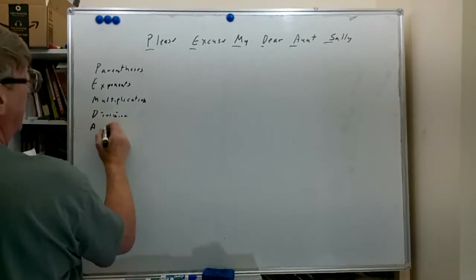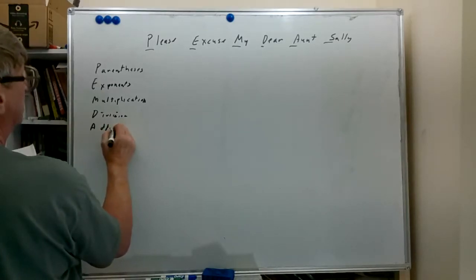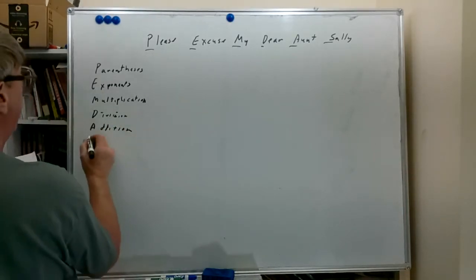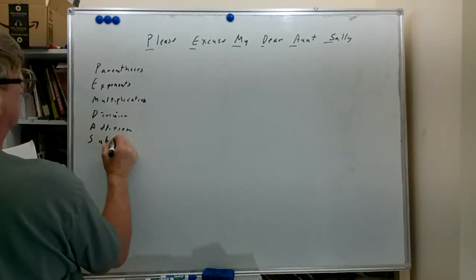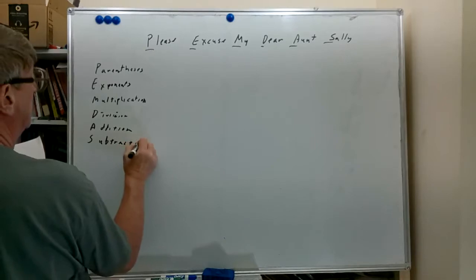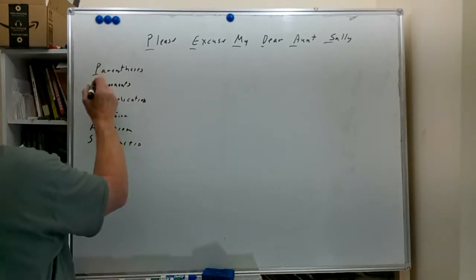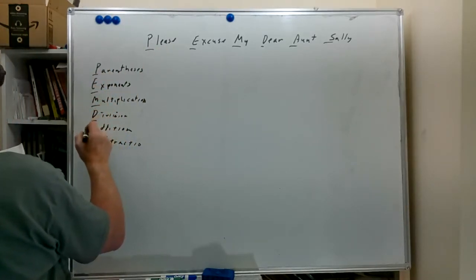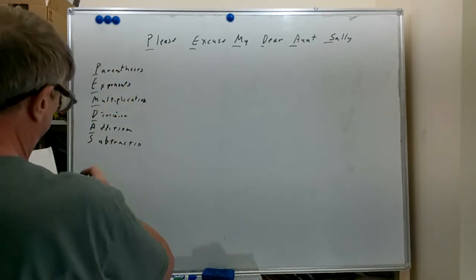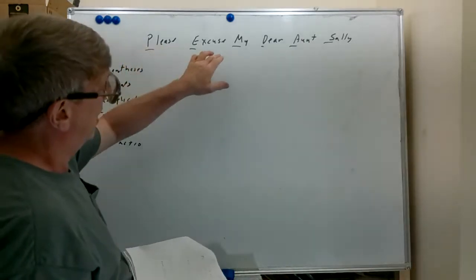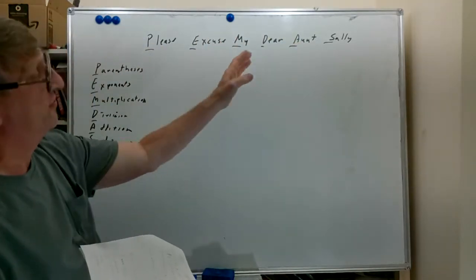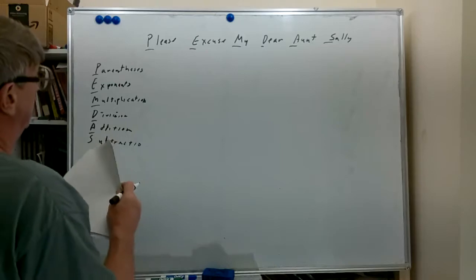A, addition. And S is subtraction. I'm going to underline. You notice I've used all the underlined letters here. So this matches up the first letters of that memory aid word.